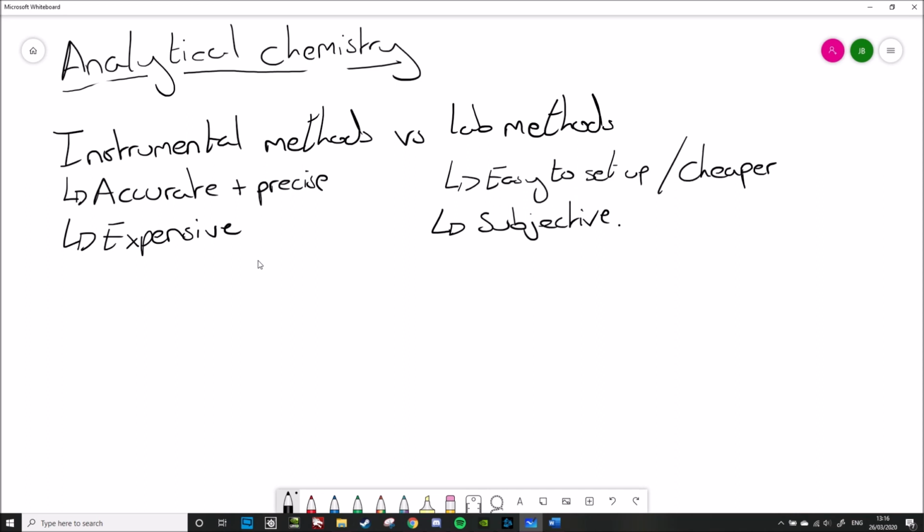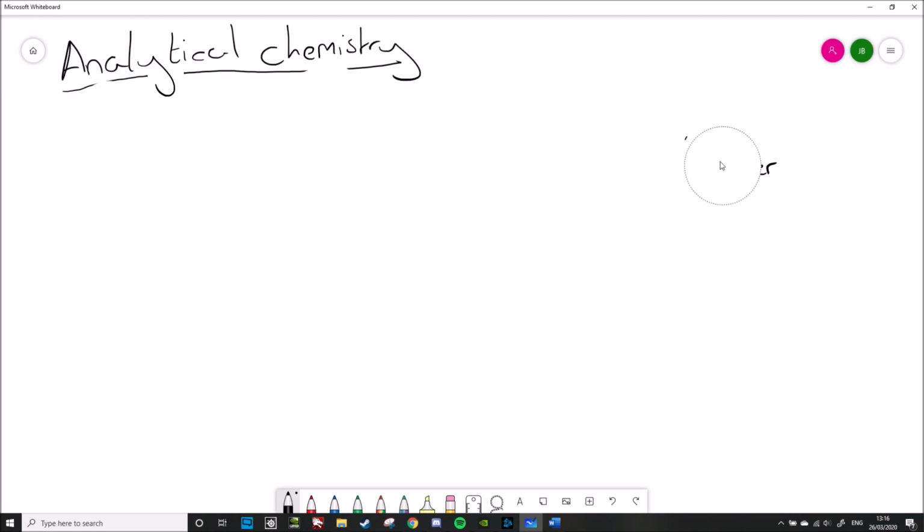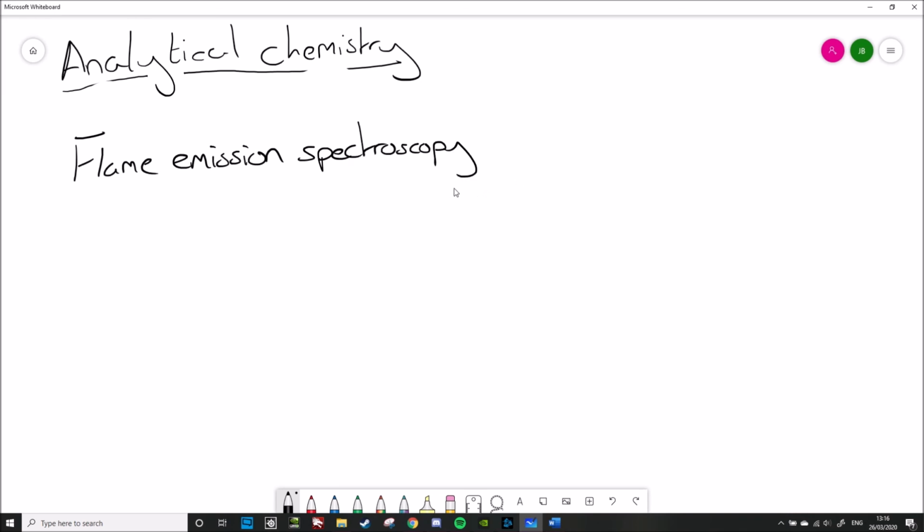And finally, we've got flame emission spectroscopy. And this is an instrumental method. Emission spectroscopy is an instrumental method used often to tell what substances are present.